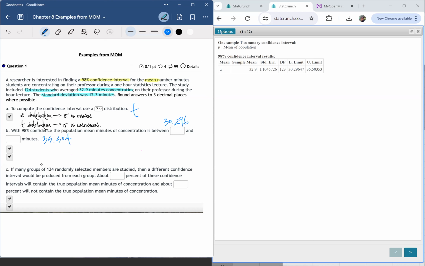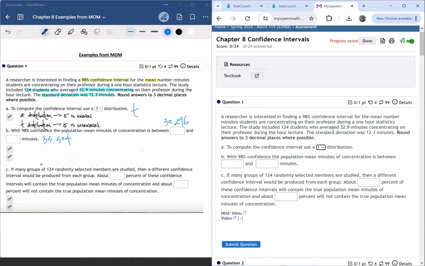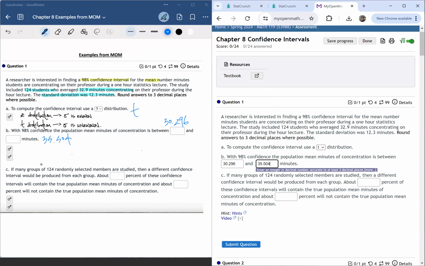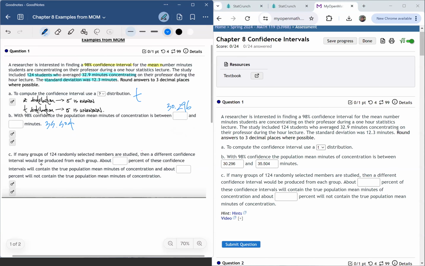Okay. So the true average of that population is somewhere between there. We're like 98% sure. Okay. So I'm going to go ahead and type those in here before I forget. So 30.296 and 35.504. Okay. All right.